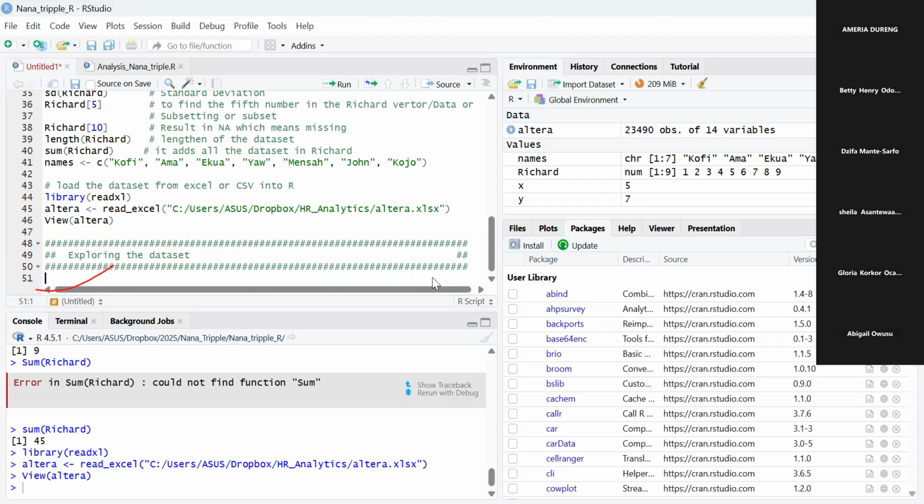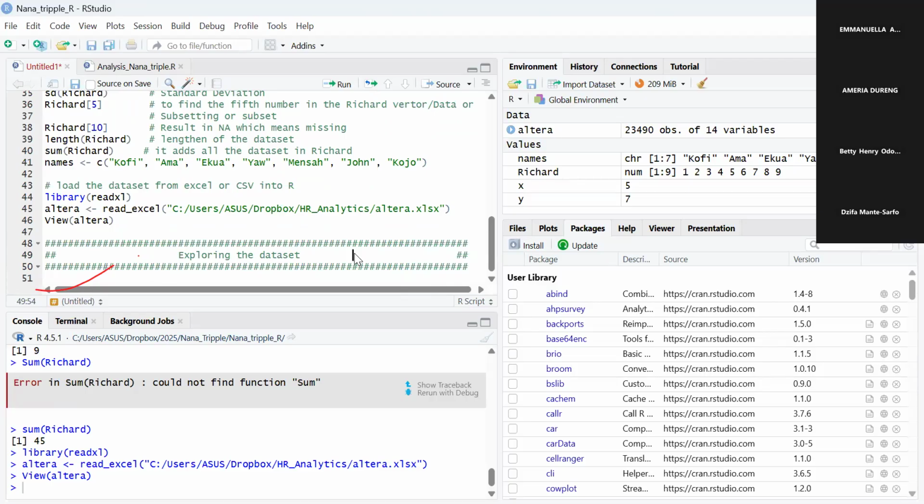So now, ladies and gentlemen, this is a typical HR data, probably a typical HR data that you have in your ministries or in your workplace.